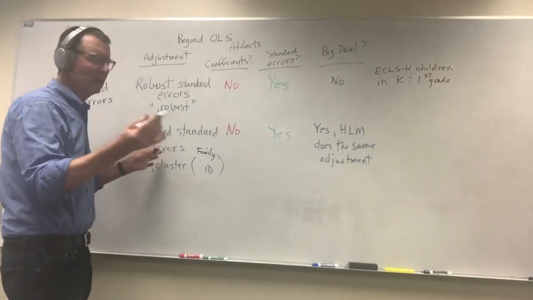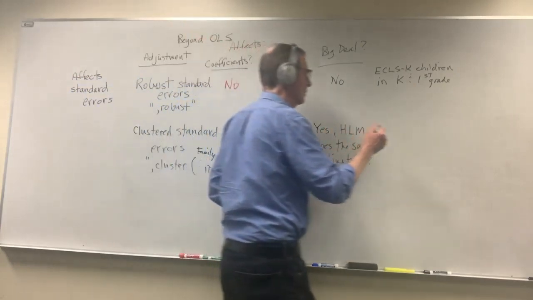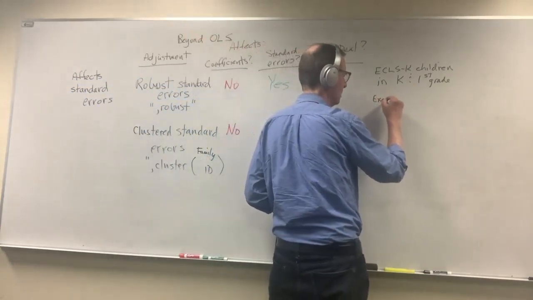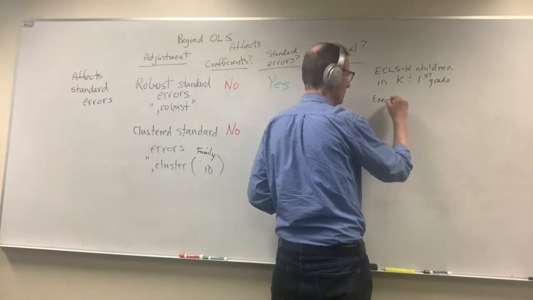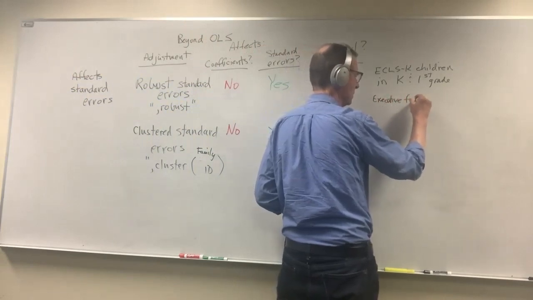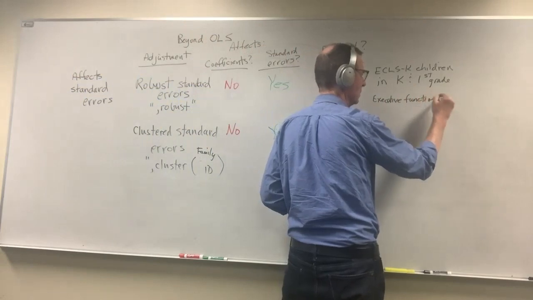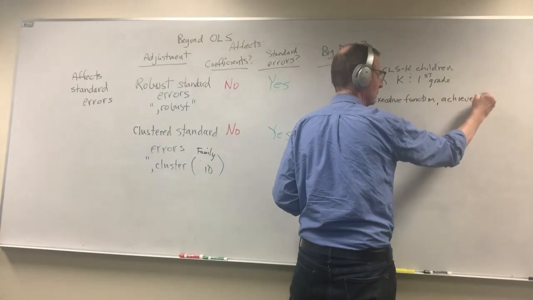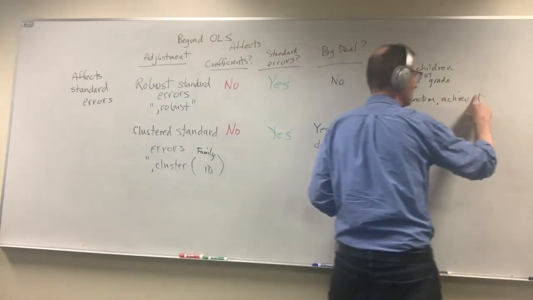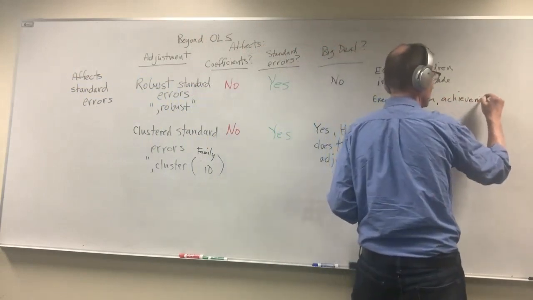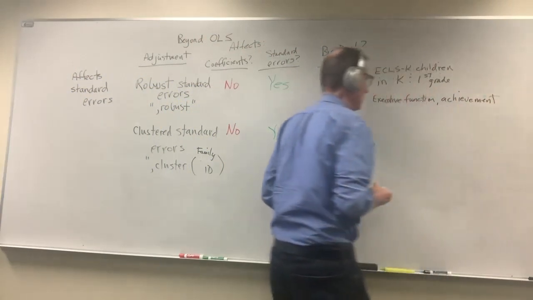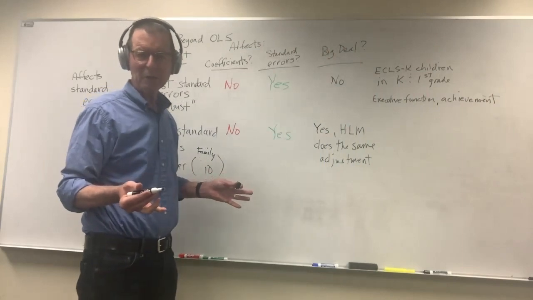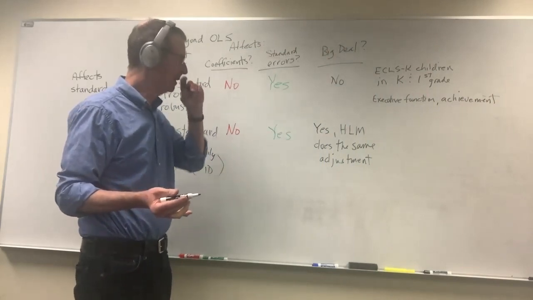All right, and let's say you're just interested in a correlation between executive function and achievement, math achievement or reading achievement. And let's say it's okay to have a cross-sectional correlation for this.